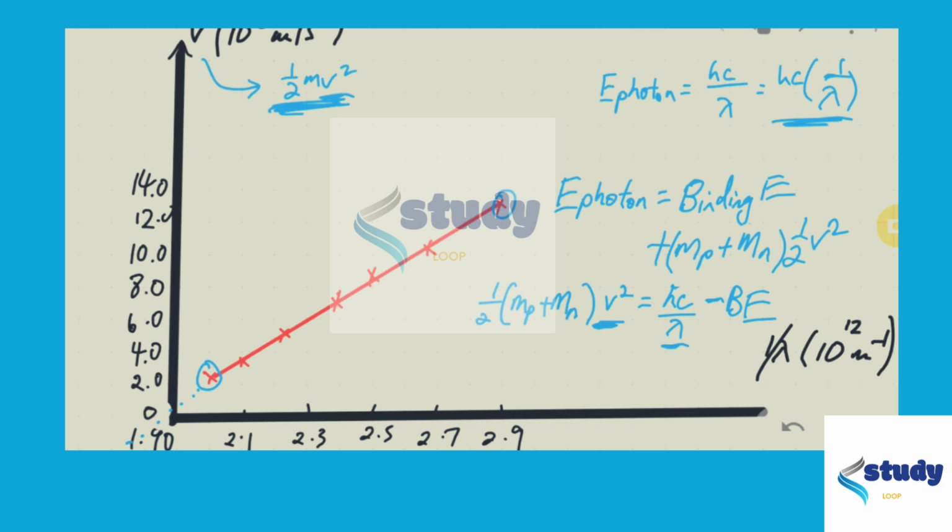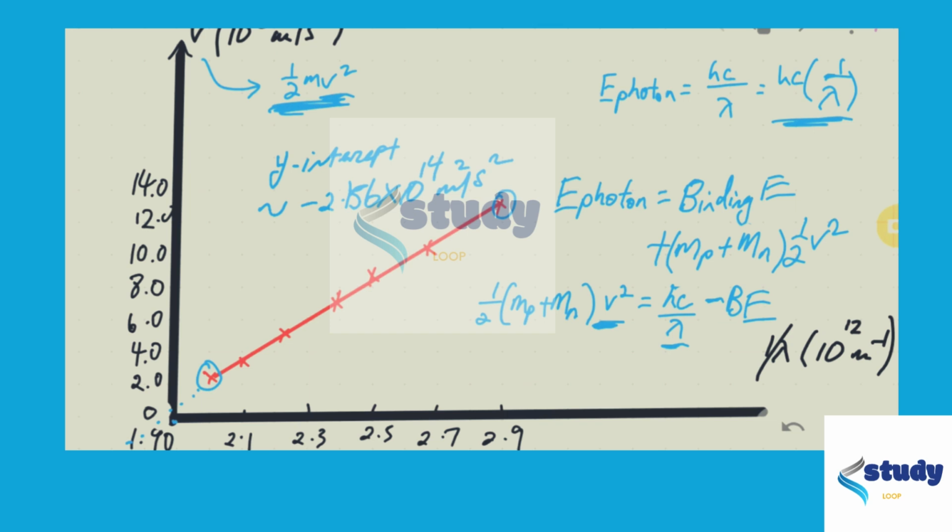For my graph, this is a bit difficult, but using your own graph, you should be able to get a y-intercept. That is roughly negative 2.156 times 10 to the power 14. And the unit is meter squared per second squared because it is v squared.